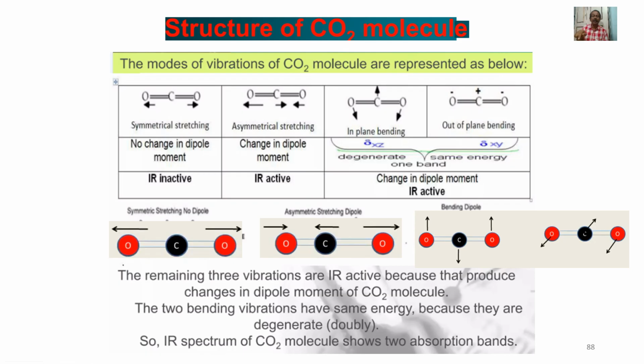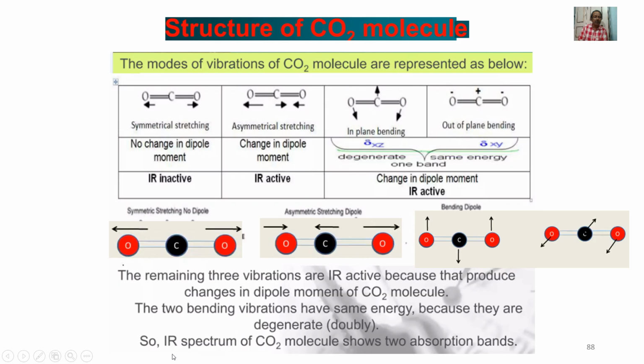And what is the energy? In both the cases, we have the same energy. What we call this is degenerate energy. So the remaining 3 vibrations are IR active because they produce change in dipole moment of the CO2 molecule. The 2 bending vibrations have the same energy because they are degenerate, doubly degenerate.